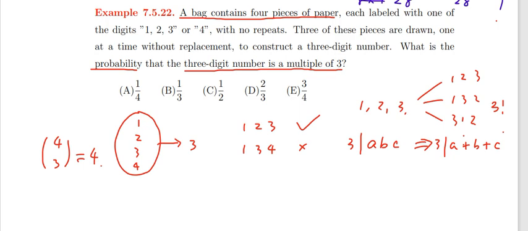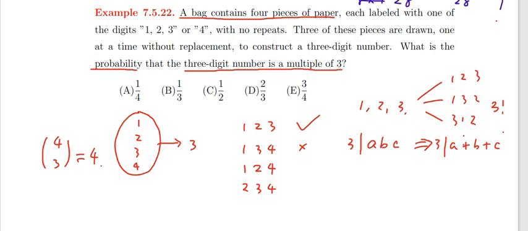If we include 1, we just list all of those: 1, 2, 3, 1, 2, 4, 1, 3, 4. If we include 2 but not 1, we have 2, 3, 4.